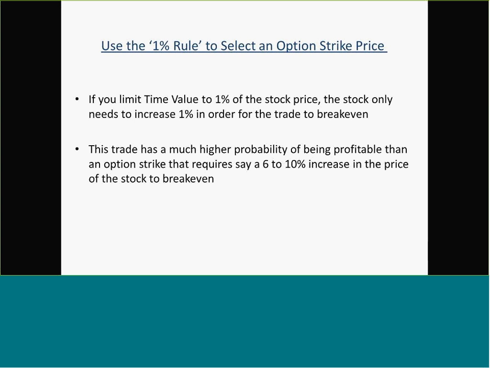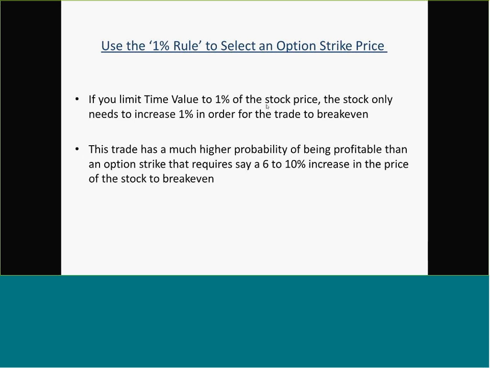So this will have a much higher probability of success than picking an option strike that requires, let's say, a 6 to 10% increase in order for that trade to break even. So with all our option trades, the underlying stock only has to go up 1%, and we start making money.